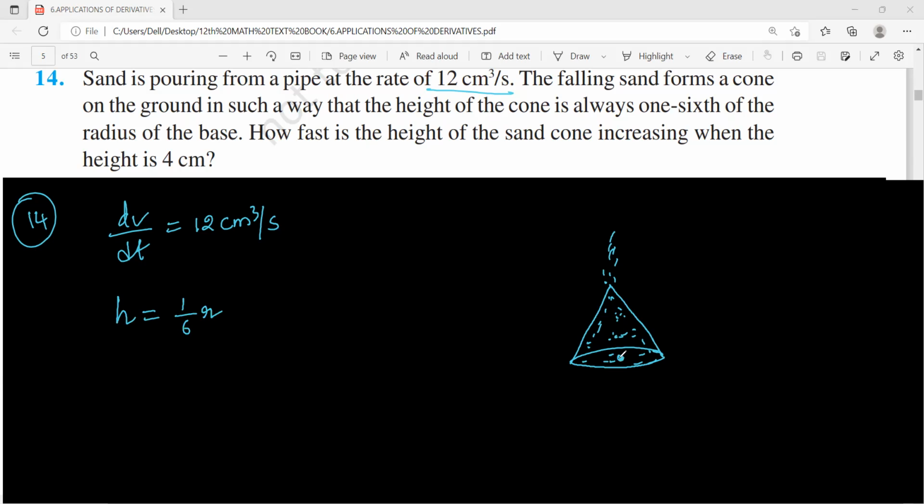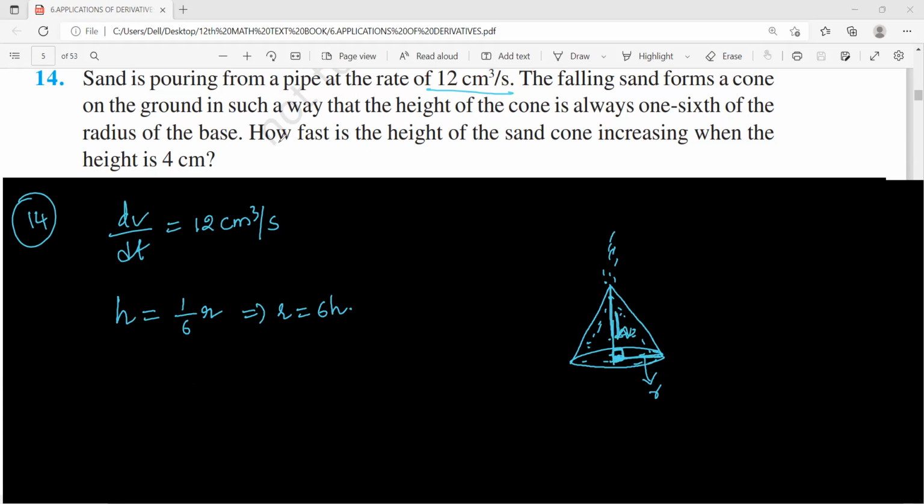So this radius is 6 times the height. This is the height of the cone. So that means R equal to 6H, we can write this relation, right?